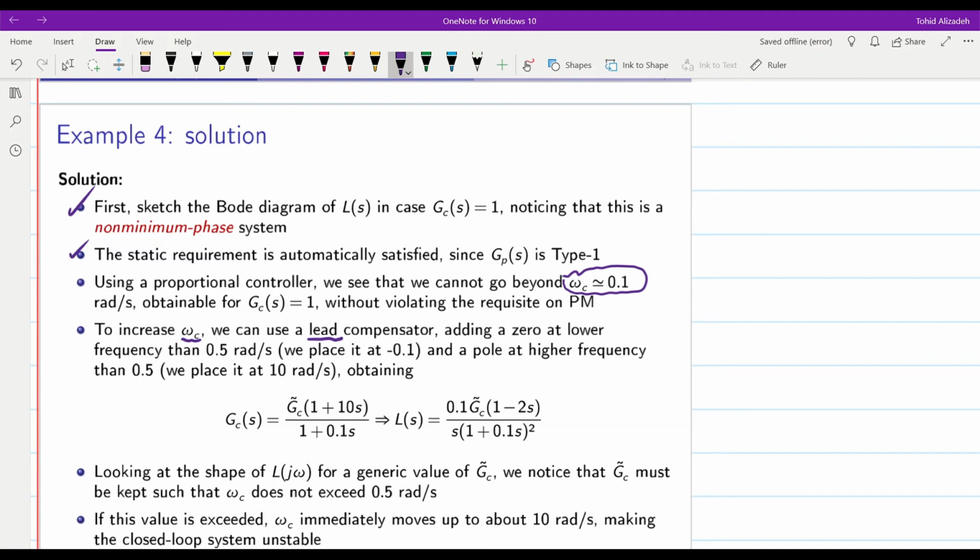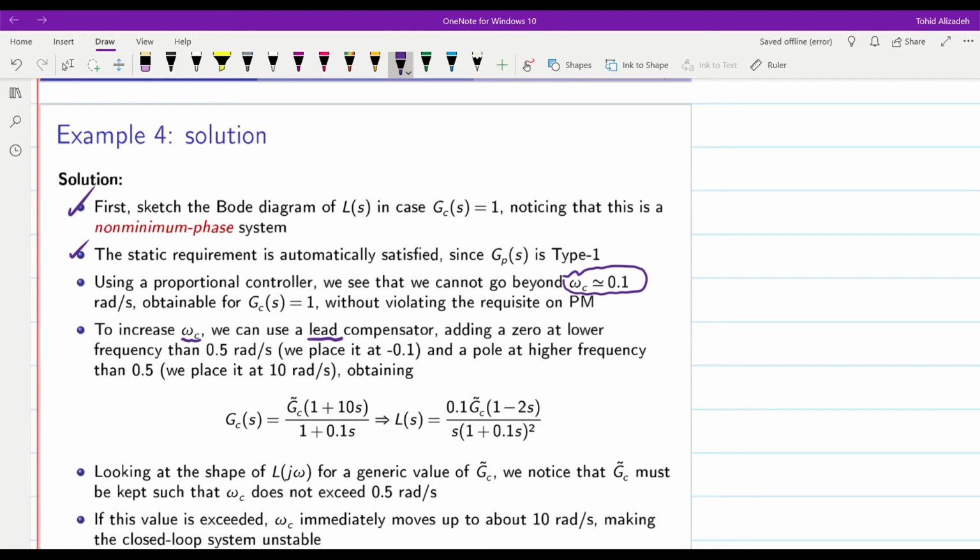We know that by using that, the amplitude plot at high frequencies will move upwards. As a result, the crossover frequency will increase, and we will also inject some positive phase into the system. Therefore, the phase margin could be increased at the same time that the crossover frequency is increased.